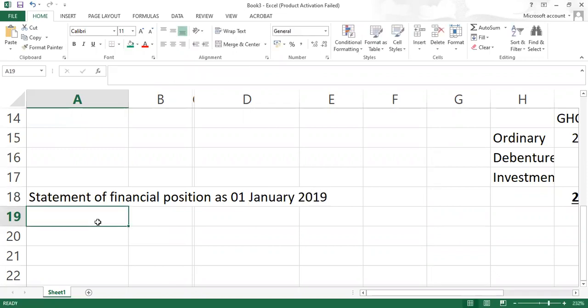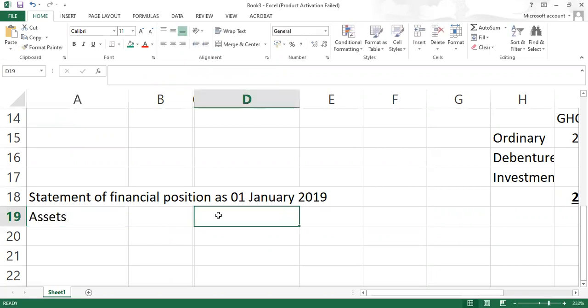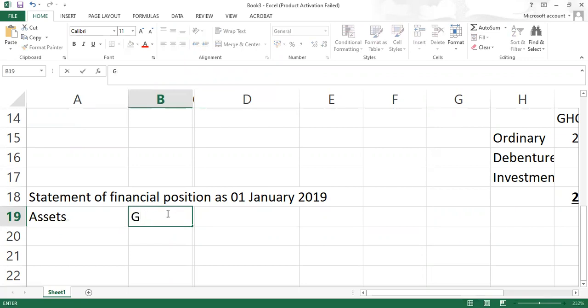So we start with assets. Don't go and say you are coming to group the asset, or just name it anyhow. Don't group any assets.